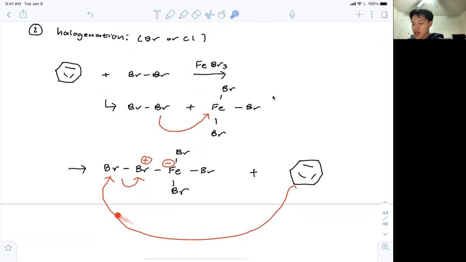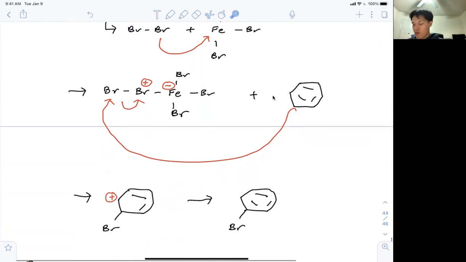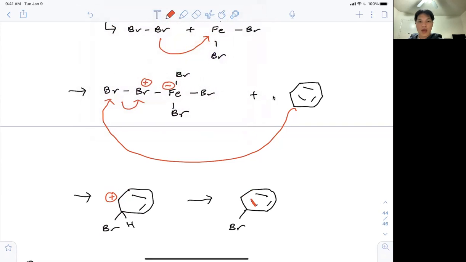So then we can attack the bromine with the aromatic compound, the double bond. We just have the Br, right? And then again, we have this positively charged, and to make it aromatic again, that Br will take the H that's here and form this double bond that we get right here, okay?